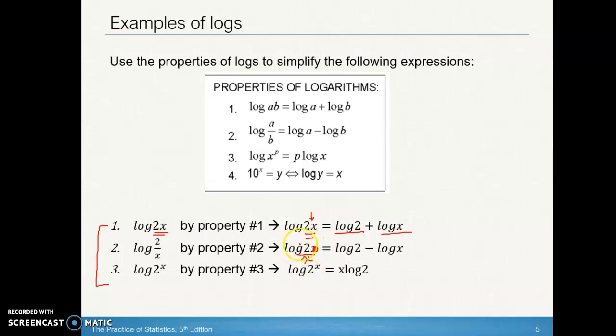Since they're divided, whatever is on top is the addition. So this is the log of 2 that's on top. Since the x is in the denominator, so 2 over x, we're going to subtract what's in the denominator. We have log 2 to the x. Remember, if you have an exponent, then you can pop that out front as a coefficient. So that becomes x log of 2.